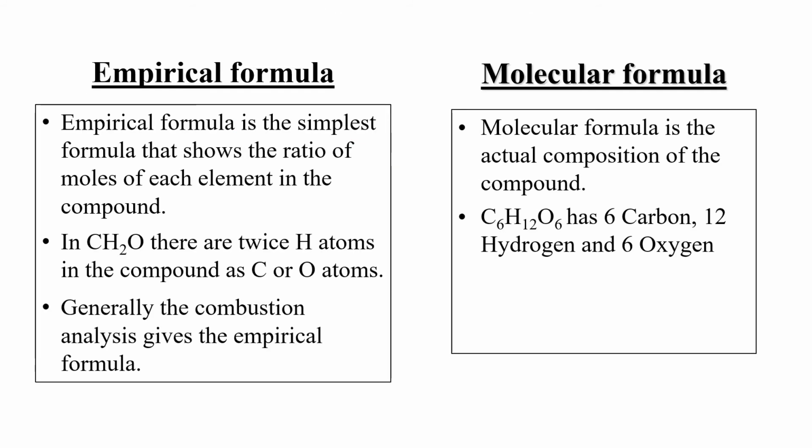Let's see the difference between empirical formula and molecular formula. Empirical formula is the simplest formula that shows the ratio of the moles of each element in a compound. And molecular formula is the actual composition of the compound. For instance, I have this glucose molecule, C6H12O6. This formula tells me the actual composition, meaning it has 6 carbon, 12 hydrogen, and 6 oxygen atoms.